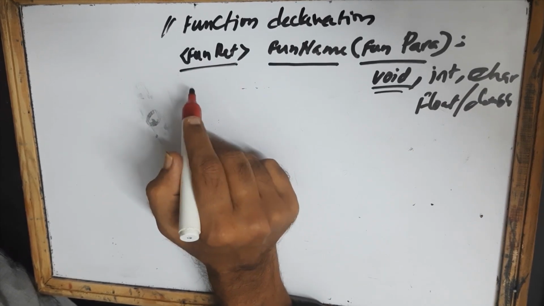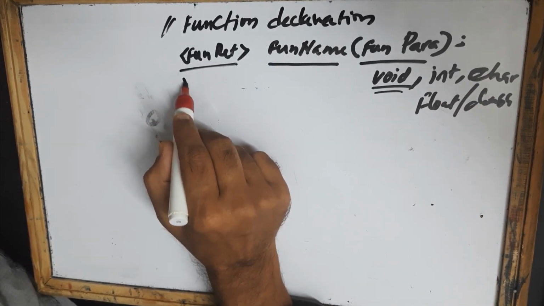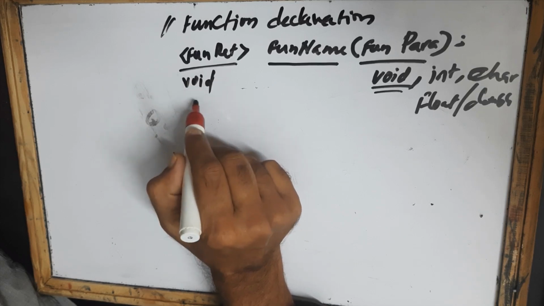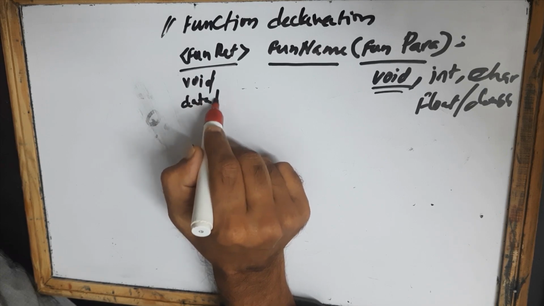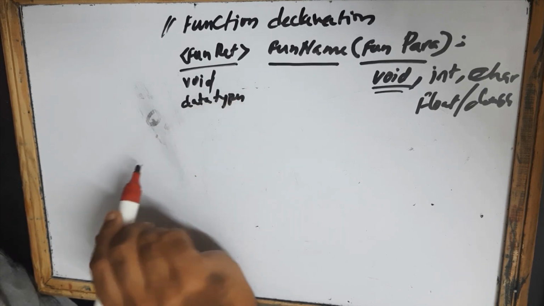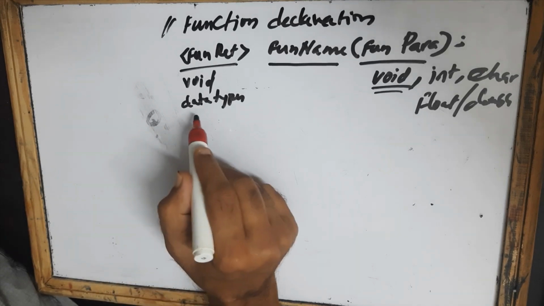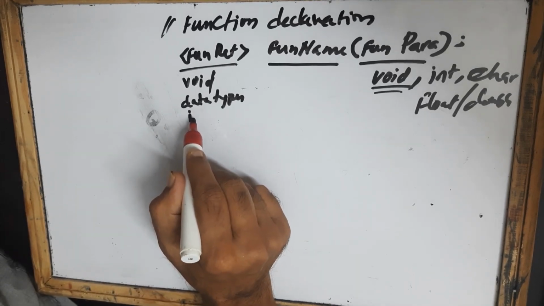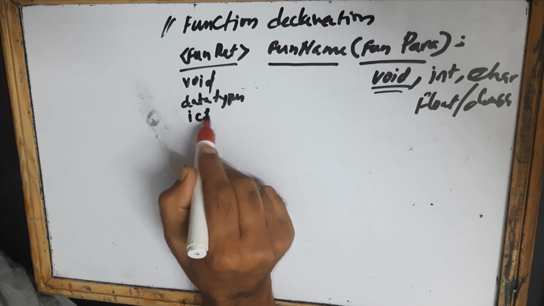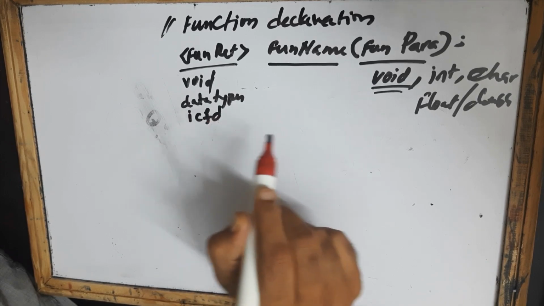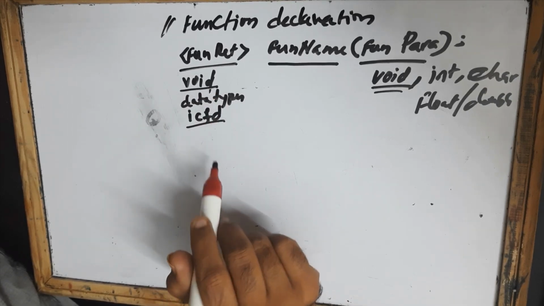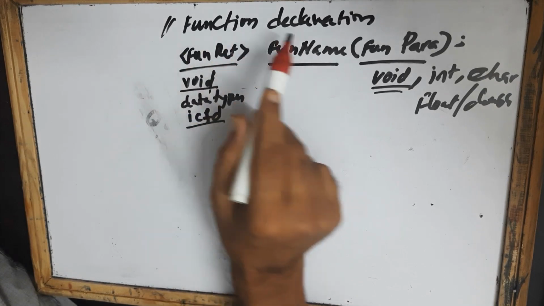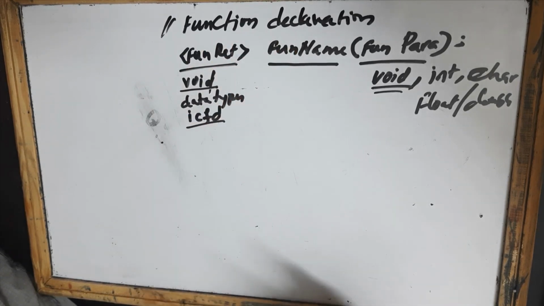And the function return is the same. Either you can leave it void, or you can use any data types: int, character, float, double. You can have any data type or leave it empty. So this is called function declaration.